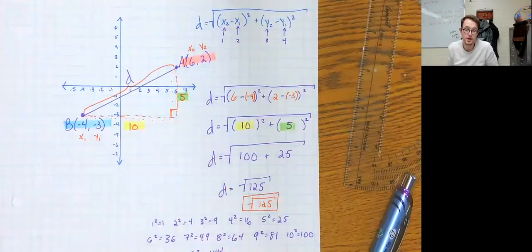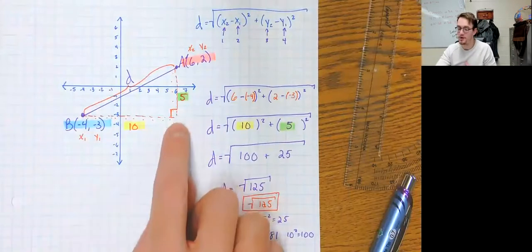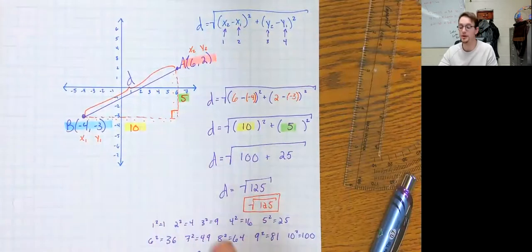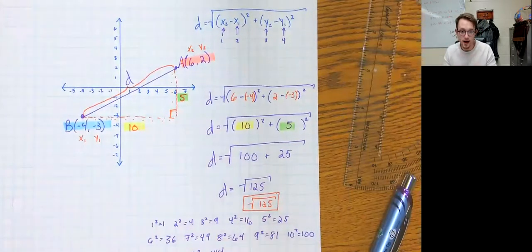Now when you start geometry, we're letting you count squares. Very helpful if you can count squares. If this was a decimal or a fraction, you wouldn't be able to do it. But there are times where you can do a quick trick. This is a shortcut.